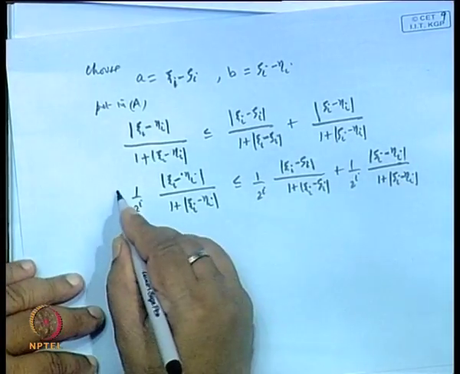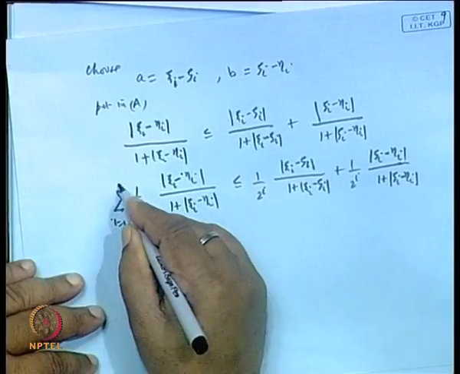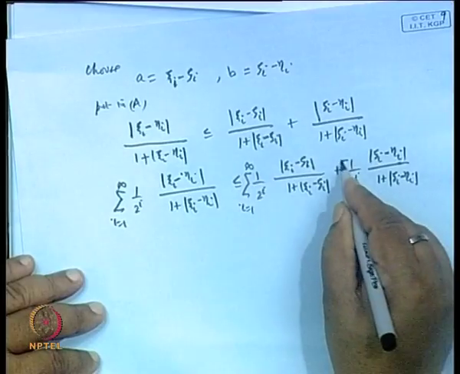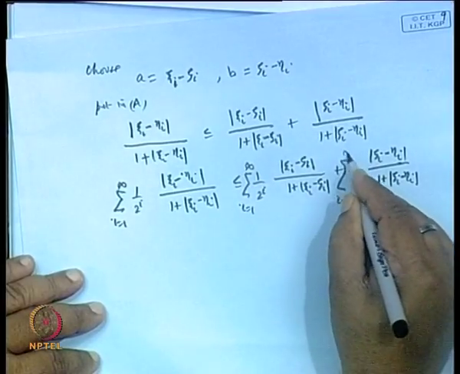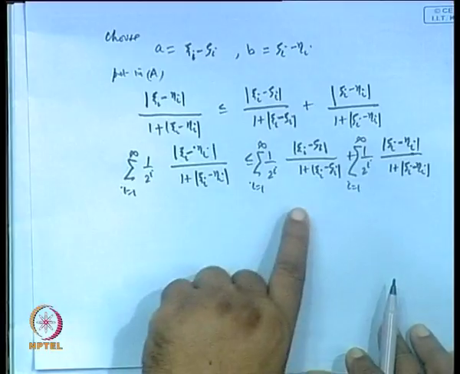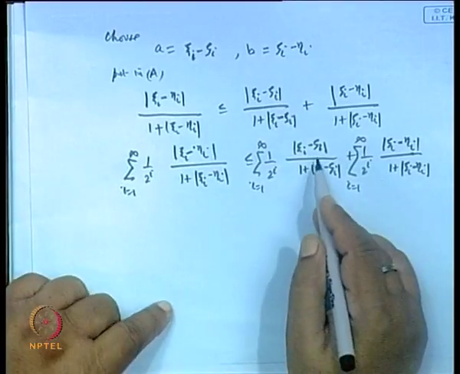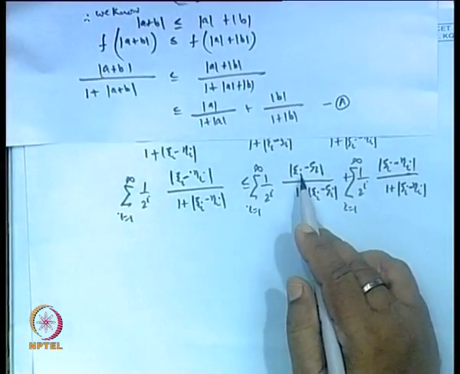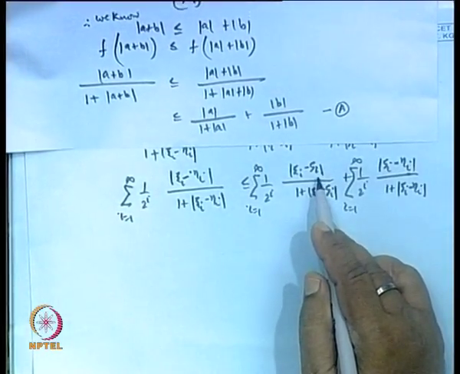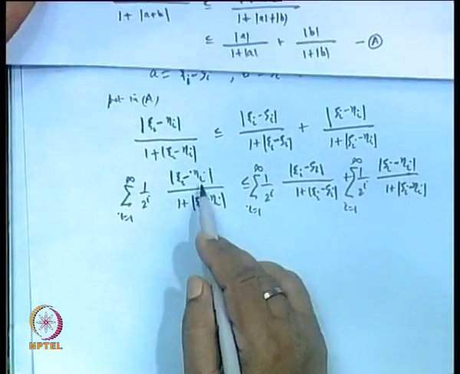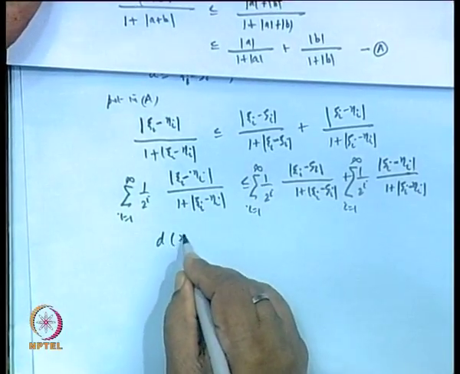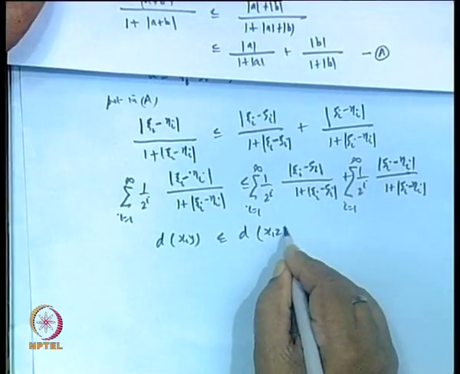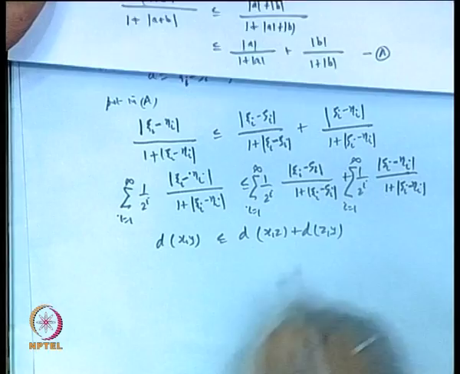Take the summation i equal to 1 to infinity. Now, because x is xi i, z is zeta i, y is eta i, basically this will give d of x y is less than or equal to d of x z plus d of z y.